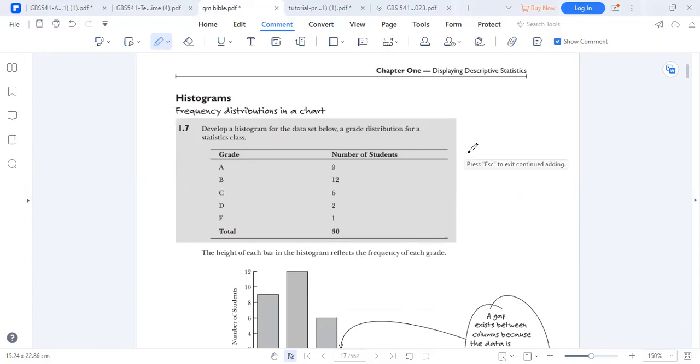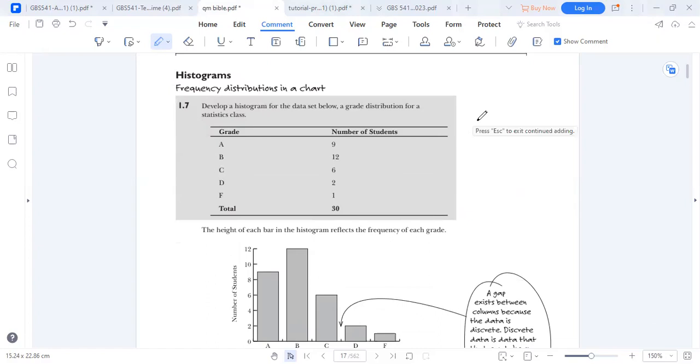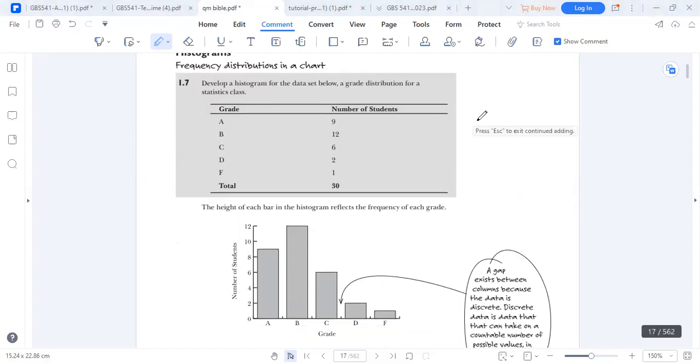Then we go to the histograms. Now remember, the type of data will also help you identify what type it is. So we're looking at the grades for a statistics class. There's grade A, grade B, grade C, but you are being asked to draw a histogram. Now, grade A and grade B, they don't meet.